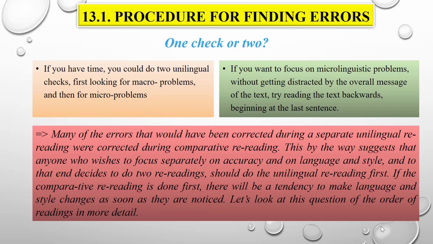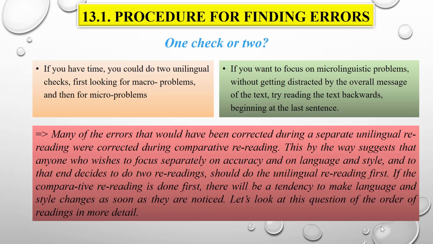Presumably, many of the errors that would have been corrected during a separate unilingual rereading were corrected during comparative rereading. This, by the way, suggests that anyone who wishes to focus separately on accuracy and on language and style, and to that end decides to do two rereadings, should do the unilingual rereading first.